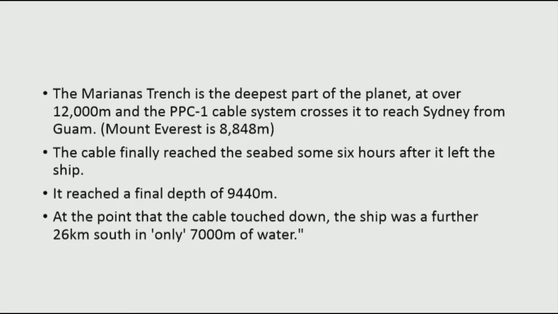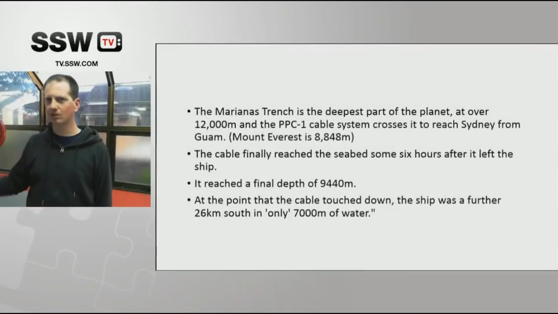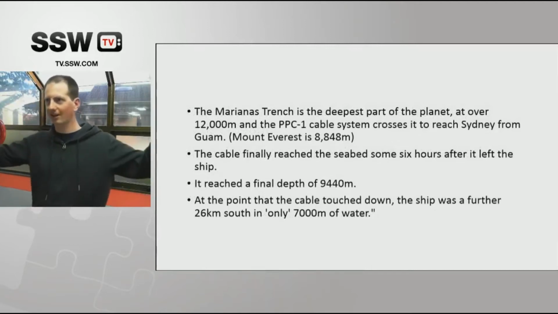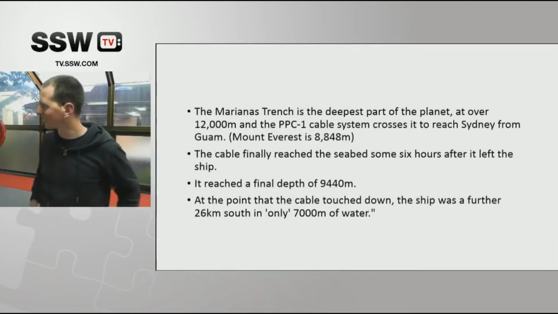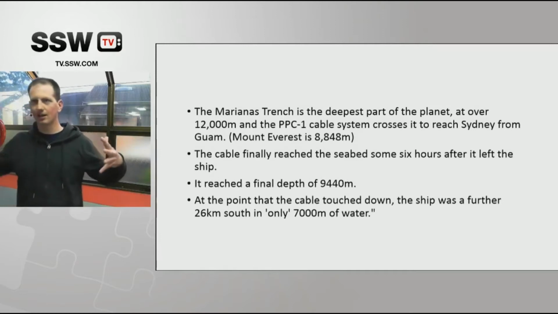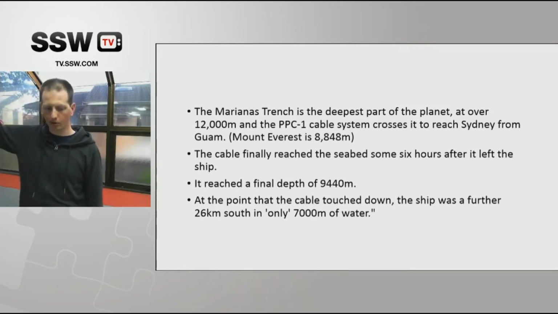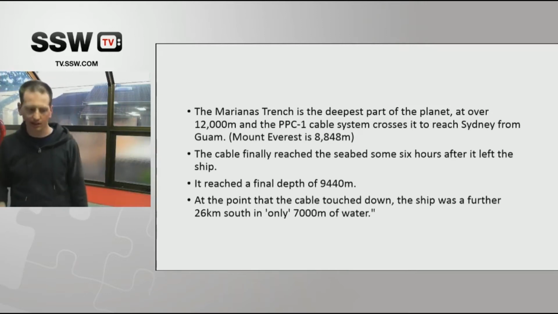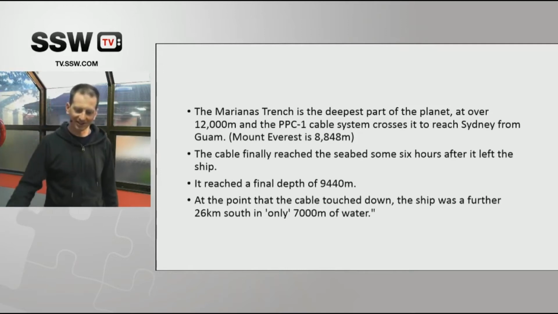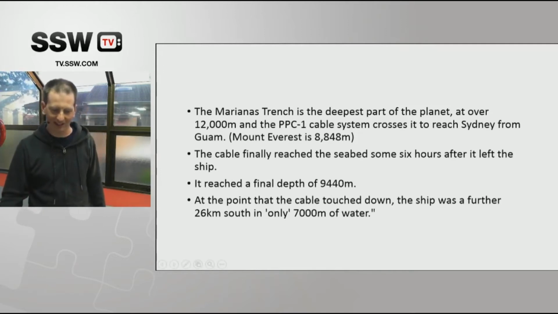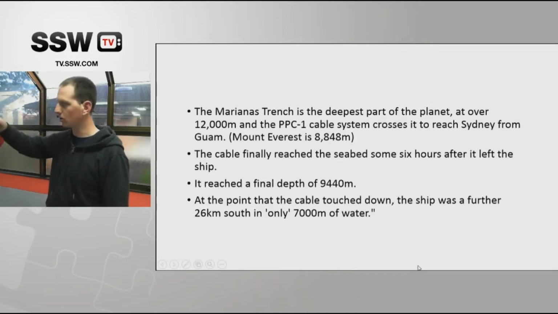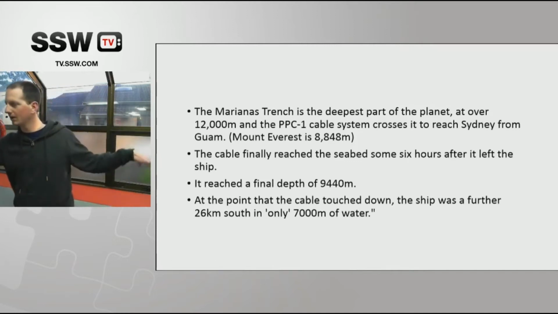You might think, well, how do they cross this trench? Is it like a suspension bridge where they pivot on both points? They actually can't do that because the currents would grab the cable and dislodge it. So they do lay the cable on the bottom of the trench and then back up the other side. To do that, the ship is travelling along and feeding out the cable behind it.